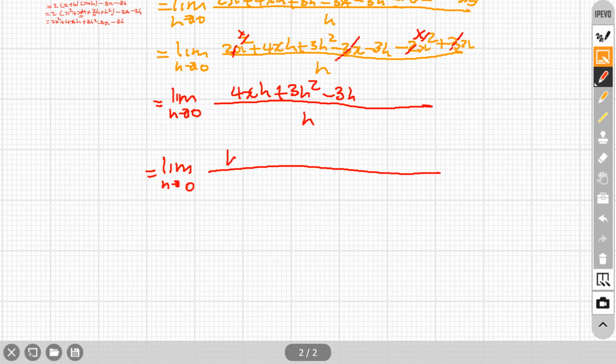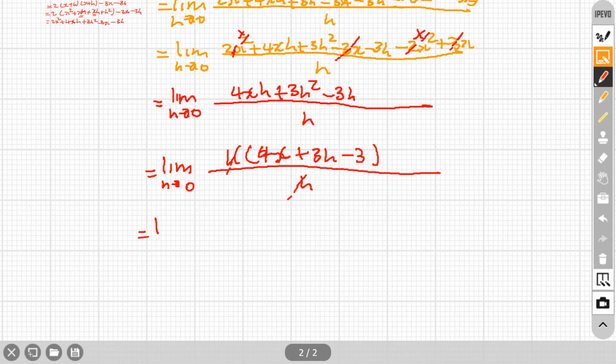So common factor is h. When we take h from 4xh, we are left with 4x, then plus, when we take one h there, we are left with 2h, then minus 3. This is what we are left with on top. Then this h in front will cancel this small h.